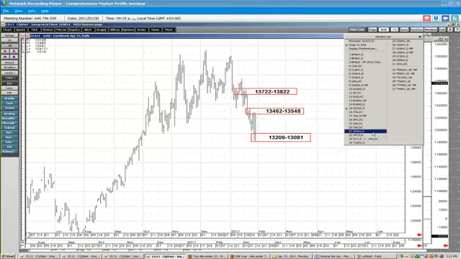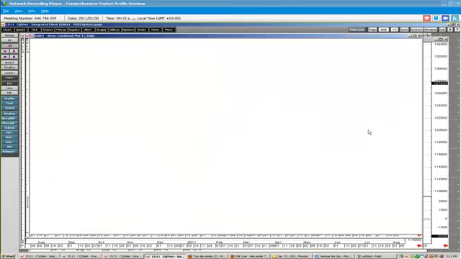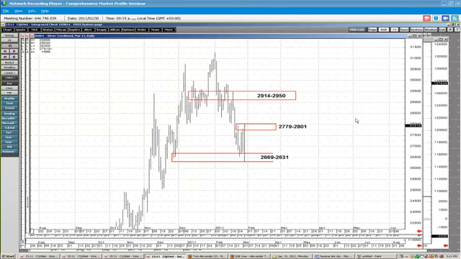Silver's in a similar position as gold. So, you know, the list goes on, and this is what you want to do.